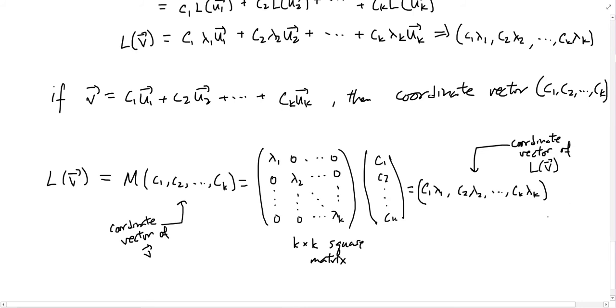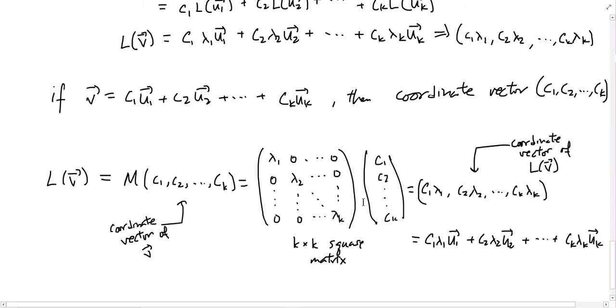Now to form the proper answer, now that we have the coordinate vector, I can say that it becomes c1 lambda 1 times the first vector in the basis, u1, plus c2 lambda 2 times vector u2, plus dot dot dot, plus c sub k lambda k vector u sub k. So it becomes very easy to evaluate a linear function if we use the eigenvectors as the basis, because it simplifies any linear function into just this diagonal matrix.